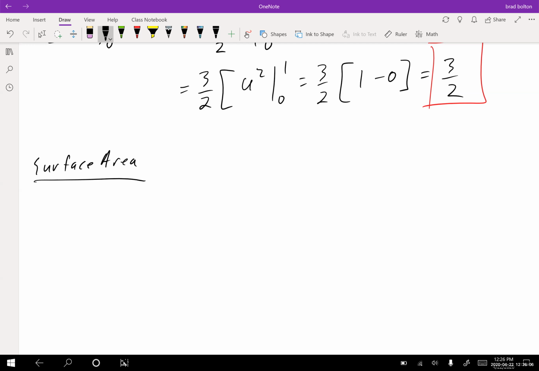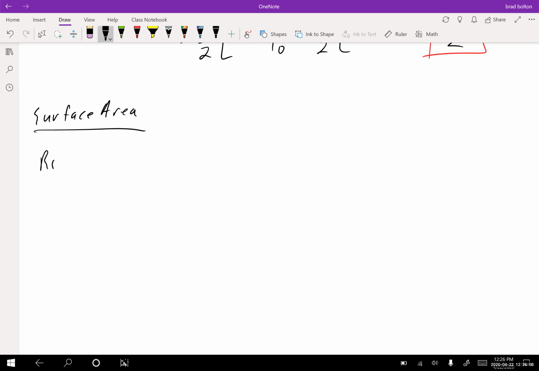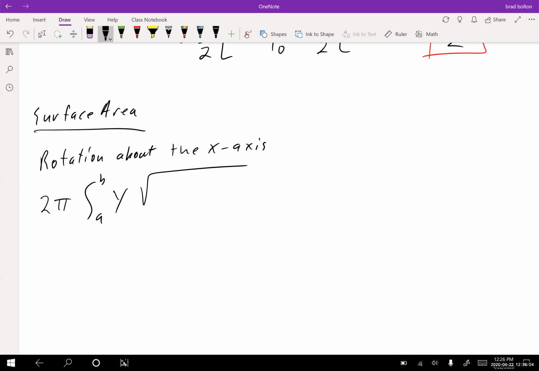So we have surface area with rotation about the x-axis, and that will be 2 pi times the integral from a to b of y times the square root of dx over dt squared, okay, plus, you guessed it, dy dt squared dt, okay?